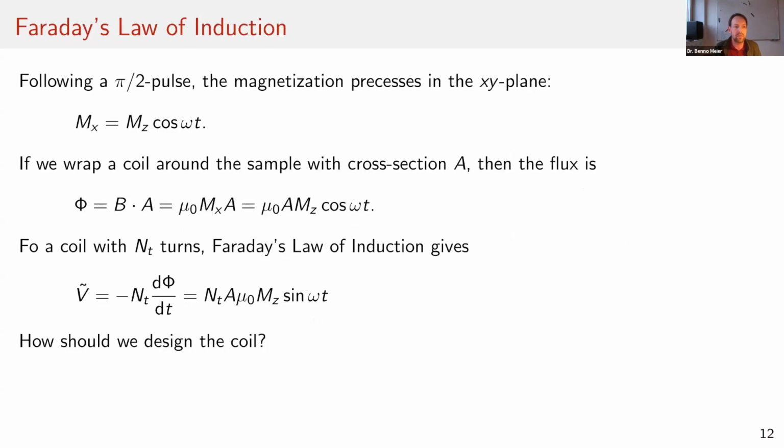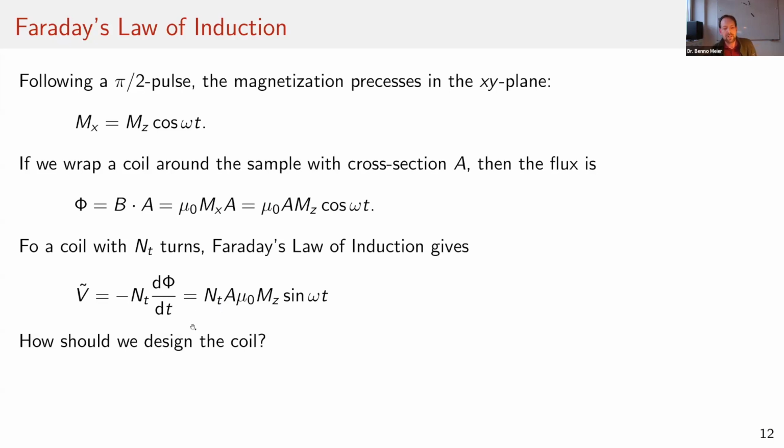To answer that, we need Faraday's law of induction. Basically, what happens is we take this Z magnetization and we turn it into the XY plane. And now it precesses, and as it precesses, we have a changing flux. This changing flux then gives us an induced voltage according to Faraday's law of induction.